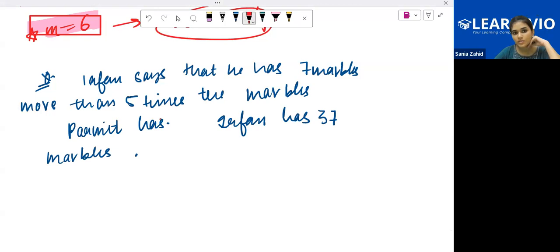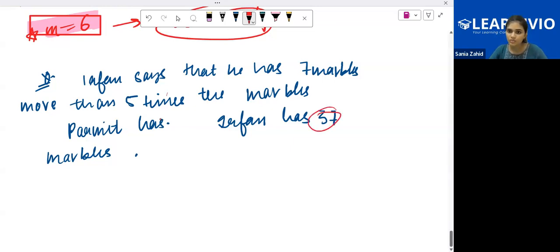Just read the question. Irfan says that he has 7 marbles more than 5 times the marbles Permeet has. Irfan has 37 marbles.